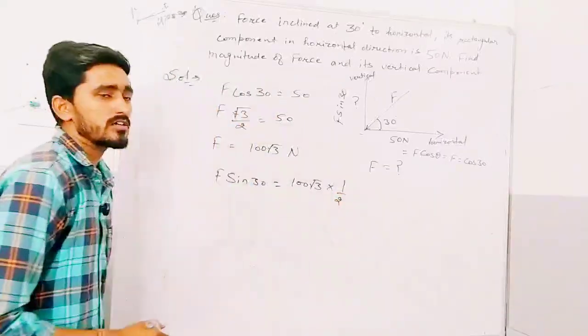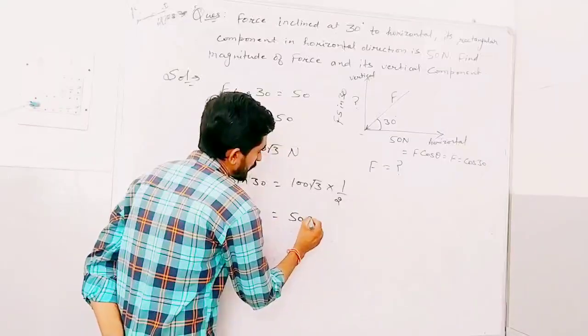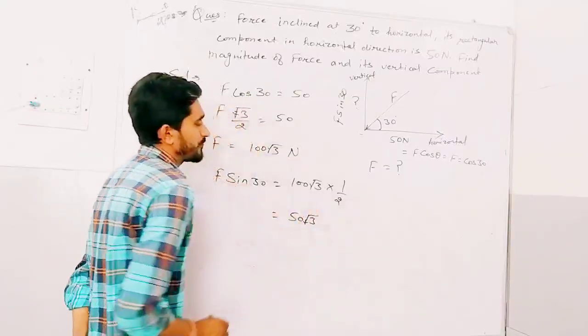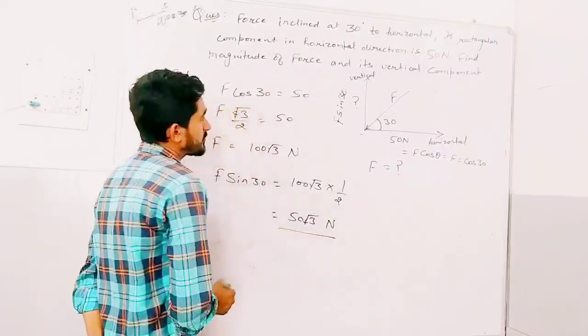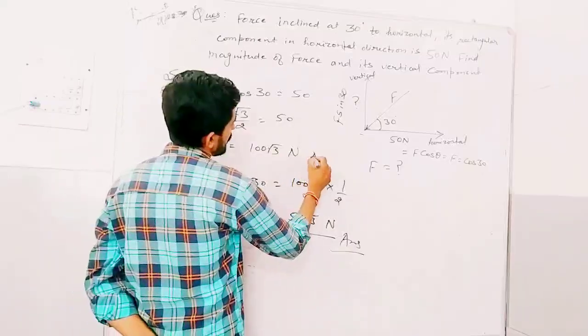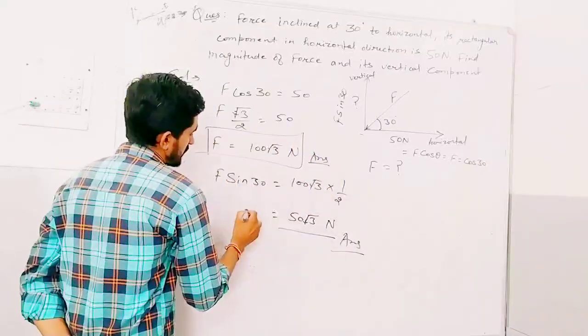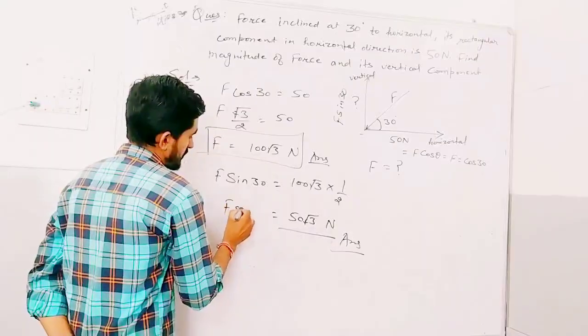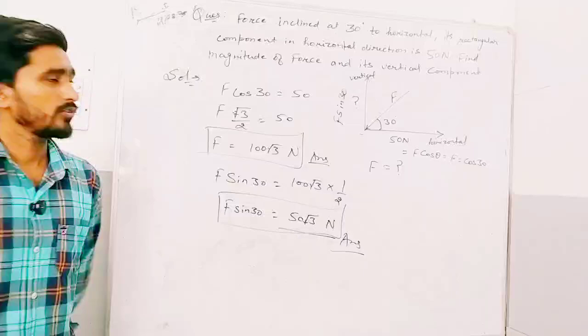Sin 30 is 1 by 2. Then what will be the value? 50 root 3. This is 50 root 3 Newton. This is my answer for the vertical component, and this is my answer for the net force. Then make it like this: f sin 30 vertical component. Note it down if you note.